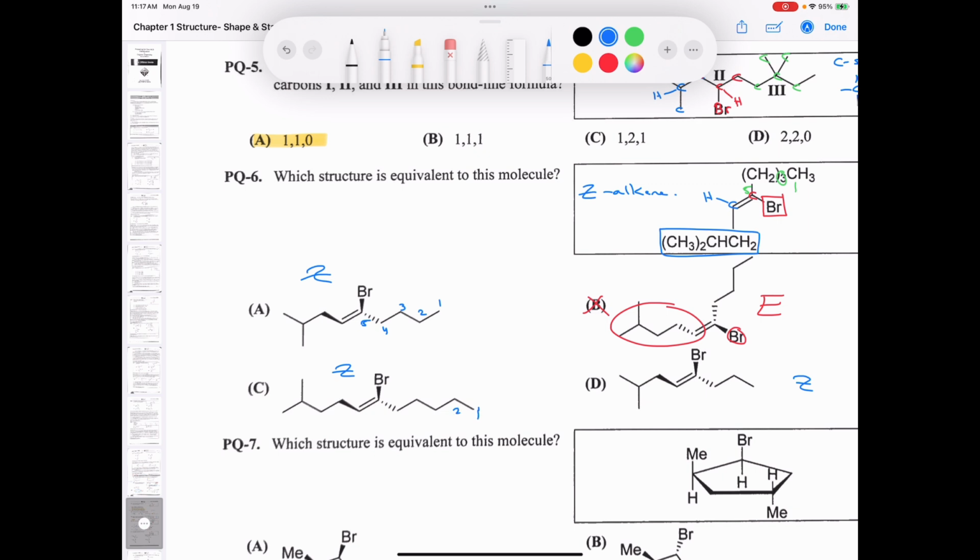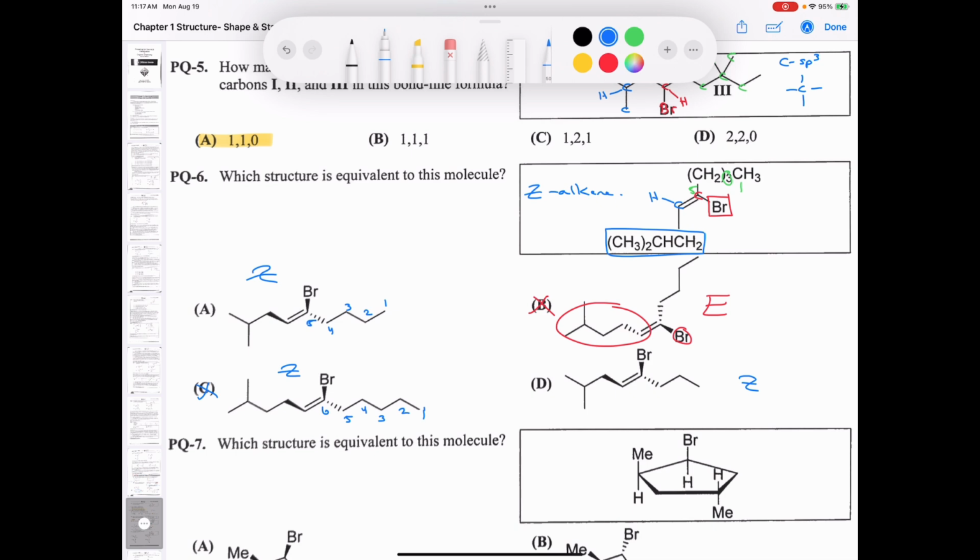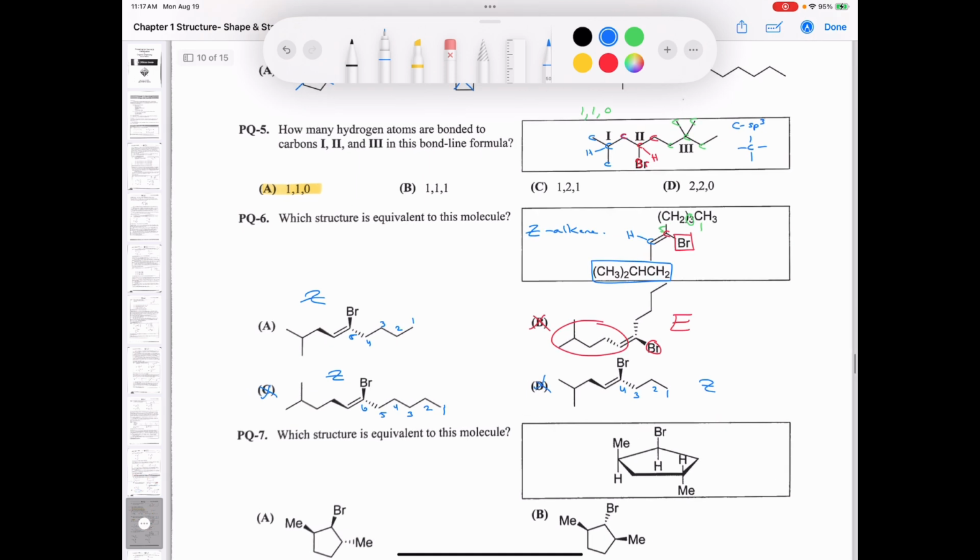Here we have 1, 2, 3, 4, 5, 6, so we can cross that one off. And then in D, we have 1, 2, 3, 4, so we can cross this one off as well. That reveals to us that the answer must be A. And in fact, if you look at the rest of it, you can see your isobutyl moiety hanging off here on the left-hand side. So the correct answer would be A for that one.